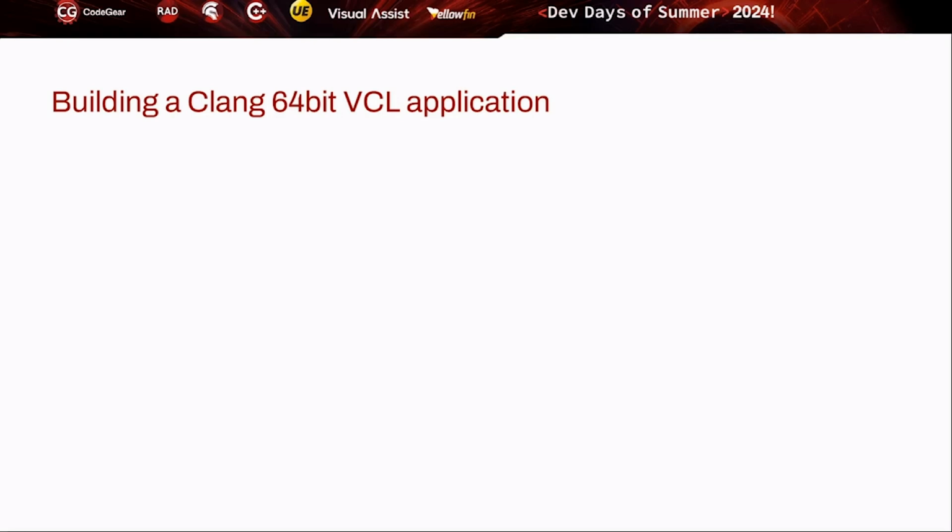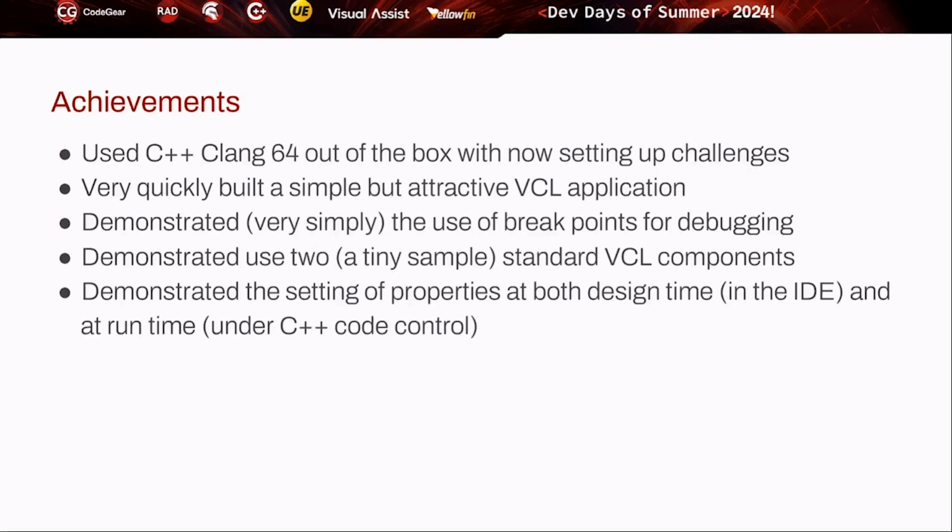Okay, so we built a Windows exe using the Clang C++ 64-bit compiler, along with the Embarcadero VCL Visual Component Library framework that ships with the IDE. What have we done in this short presentation?